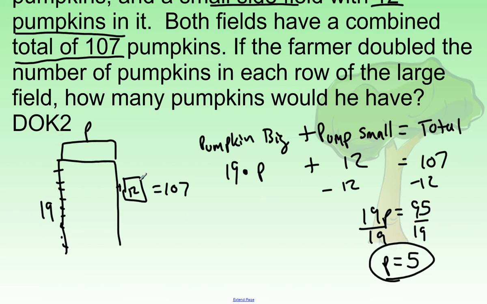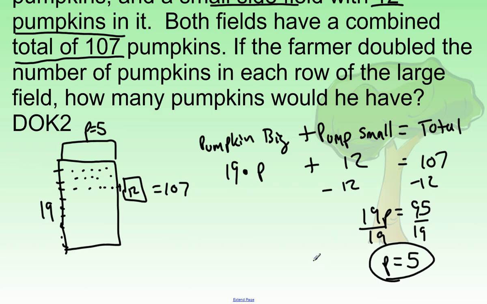So there are 5 pumpkins in each row. 19 rows times 1, 2, 3, 4, 5 pumpkins in each row, and the little side field of 12 gives us a total of 107.